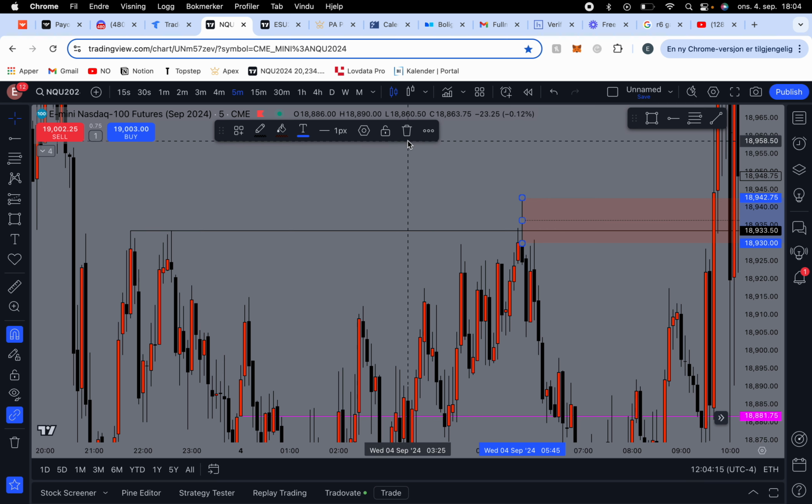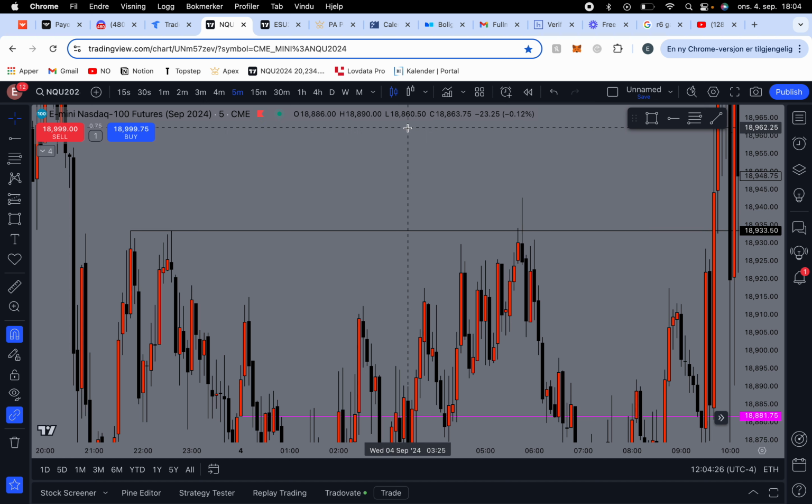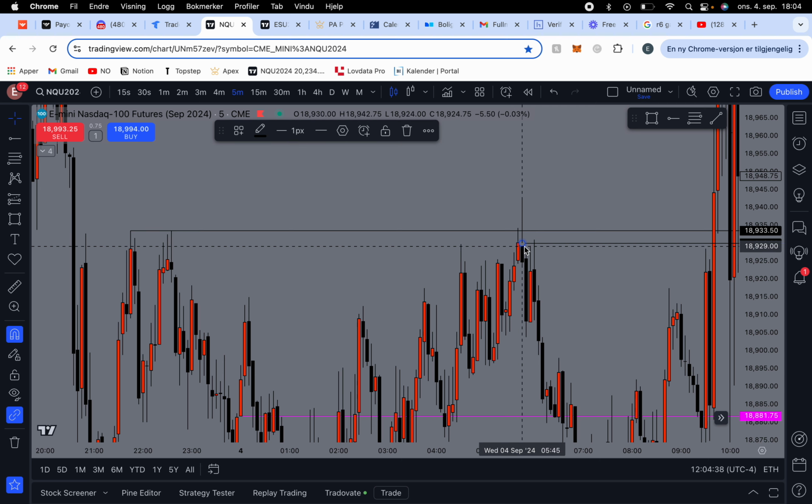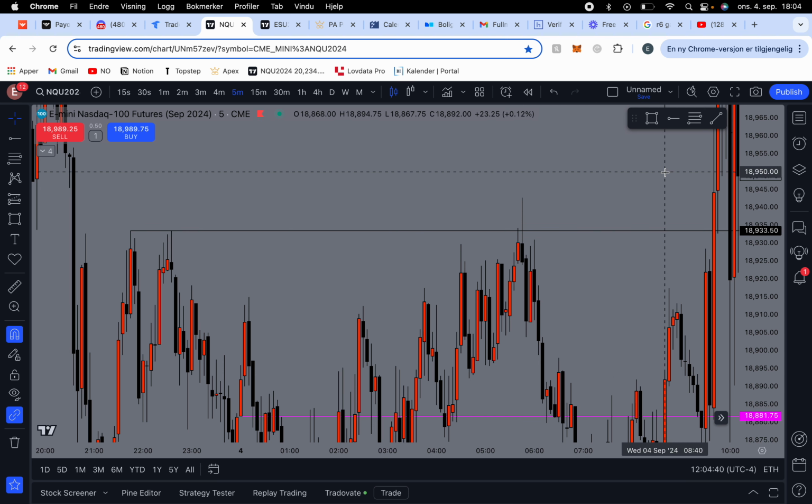So what I posted in wick theory is basically you're only focusing on the CE of the rejection block, and you want some engineered liquidity right below CE that will classify as a good trade in that scenario. So you see how we touch into the beginning of this wick.